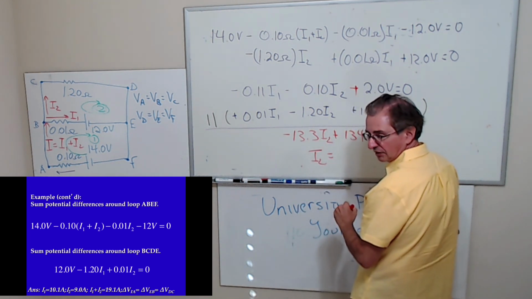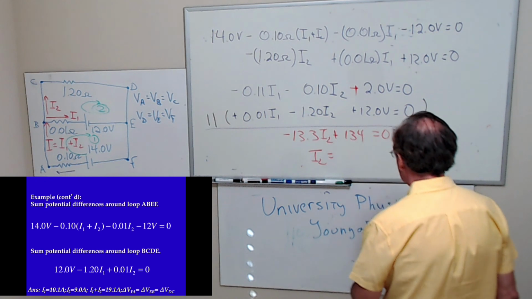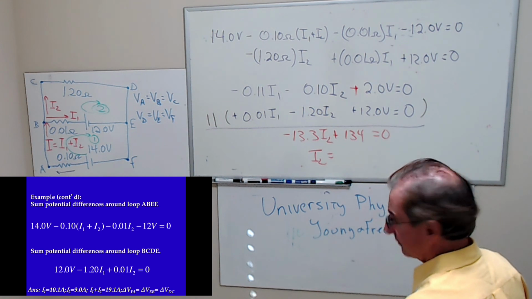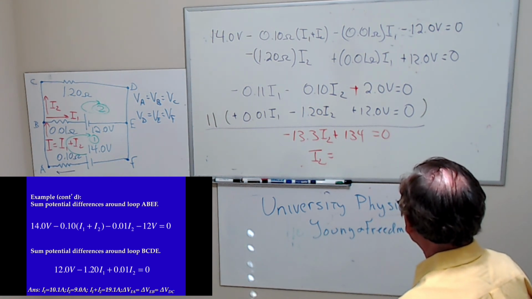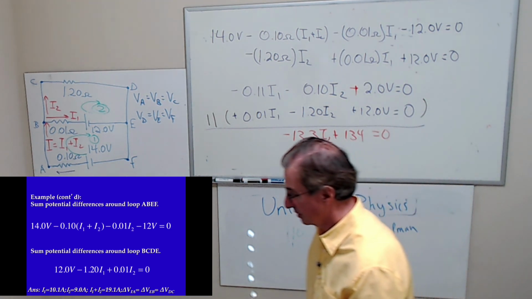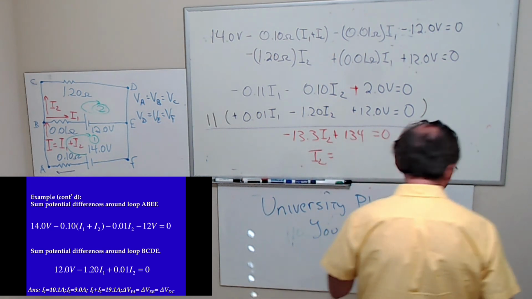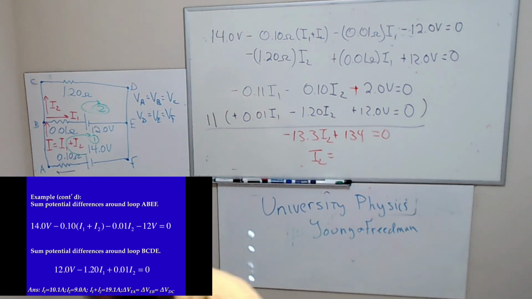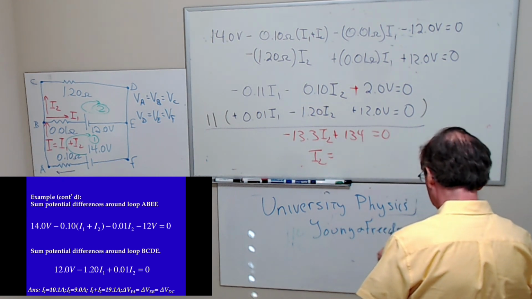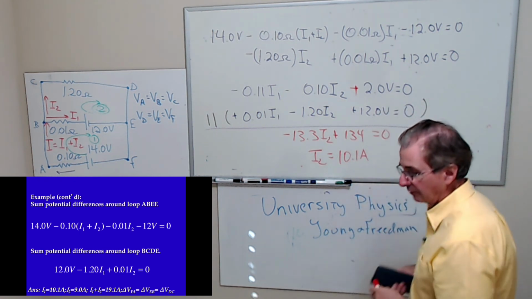My notes say 9.0. I'm not sure if that's right. I think I have my answers backwards in my notes. This actually ends up being 10.1, I think. Yeah, this is 10.1. I have my answers backwards.